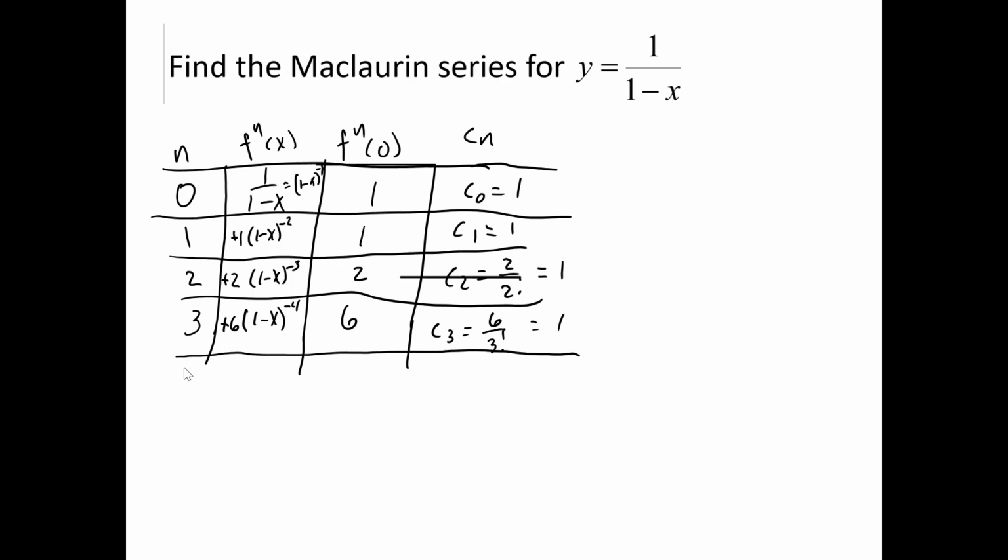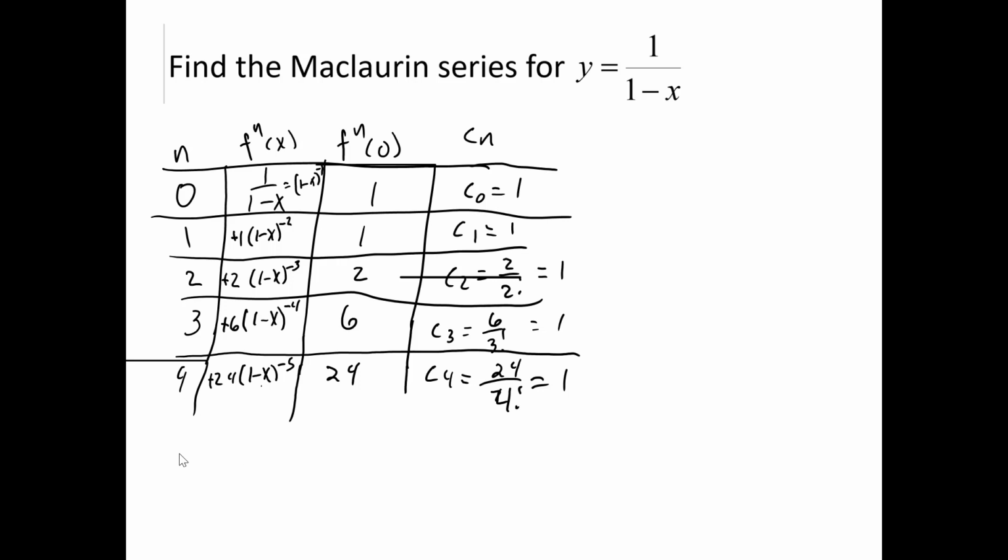And then when n is 4, you're going to get negative 24 times 1 minus x to the negative 5 times the derivative of the inside, which makes that a positive 24. Plug in 0. 1 minus 0 is 1. 1 to any power is 1. And you get 24. And so then C4 is 24 divided by 4 factorial, which is 1. At this point, you should realize that you're just going to keep getting 1.